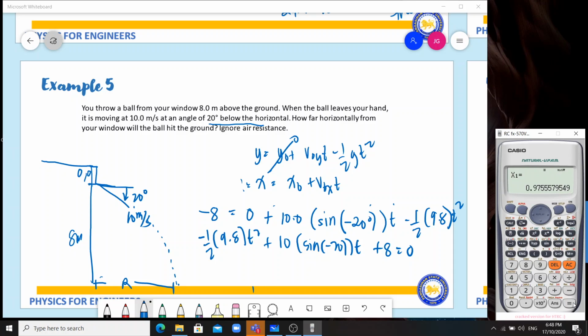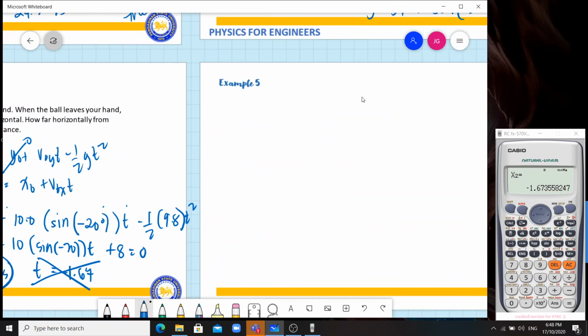Ayan. So, meron tayong time na 0.98 seconds at saka negative 1.67. So, since ang hinanap natin dito ay time, hindi na natin to i-consider kasi mali siya. So, ito lang, yung 0.98. So, ibig sabihin, at 0.98 seconds, nakalapag na si bola sa floor.